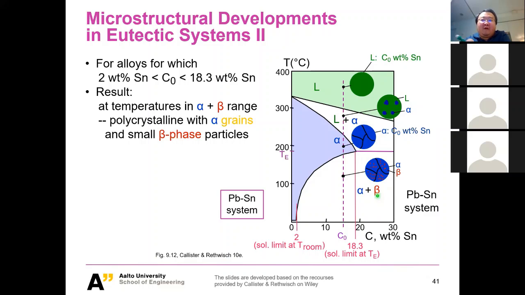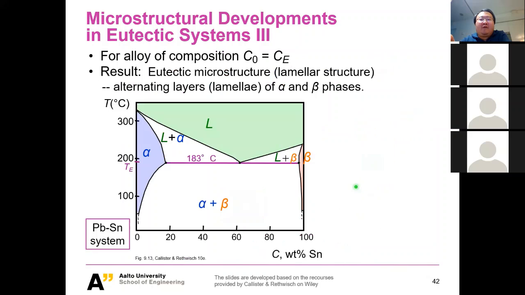The beta phase is on the other side. The beta phase will be nucleated homogeneously, basically, if it's an equilibrium case, within your alpha. And they will just grow until you reach the final temperature. So the interesting point is not those two; the interesting point is absolutely the eutectic point.